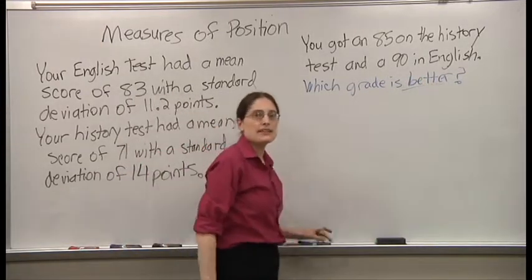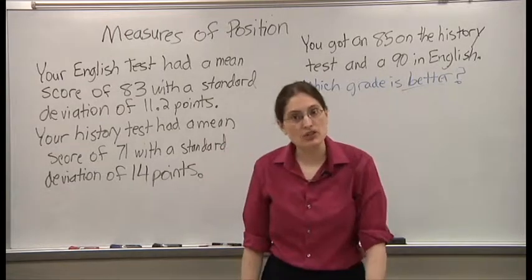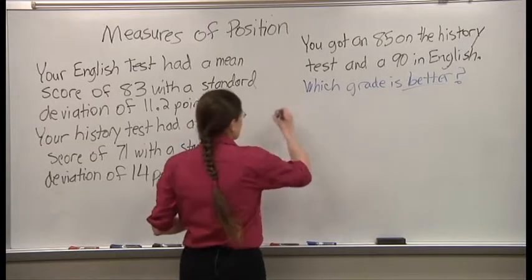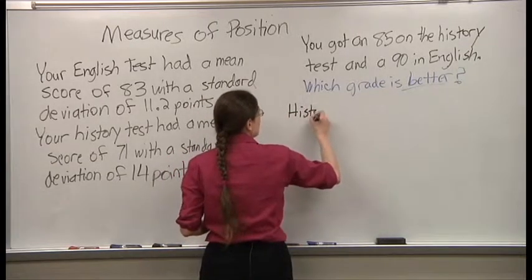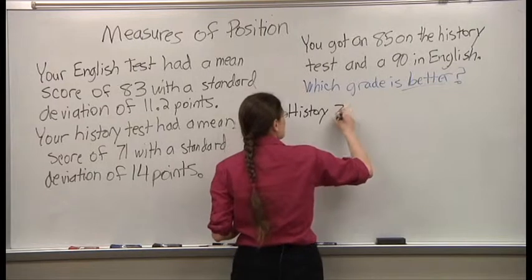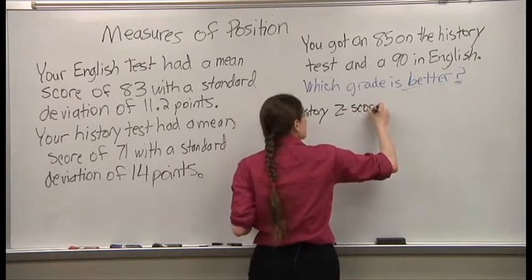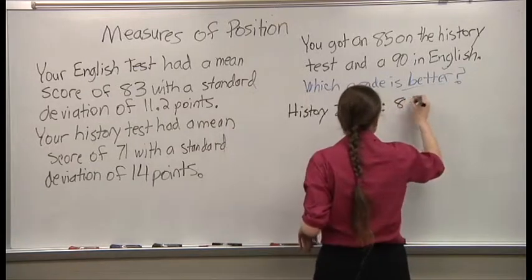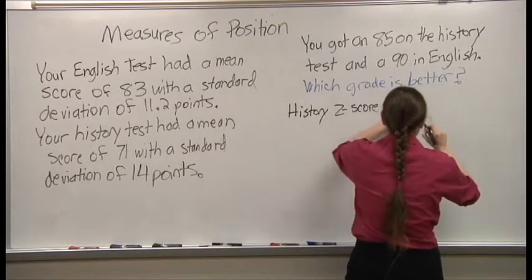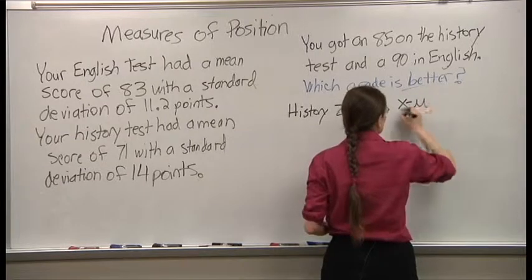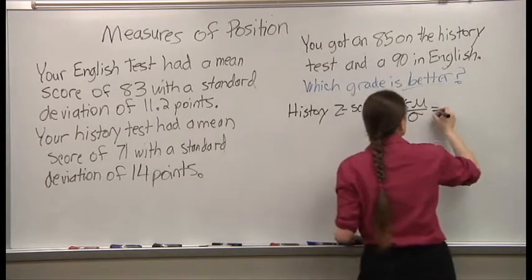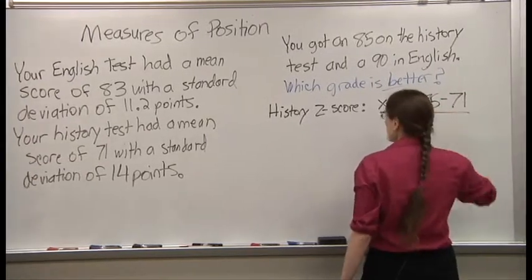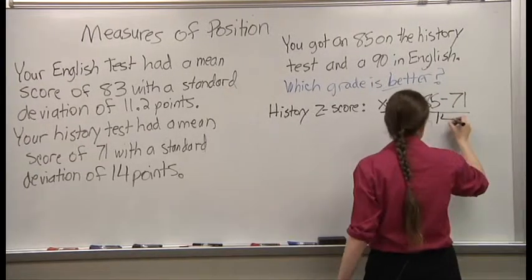Let's find the z-score for each of those tests. So you got an 85. The mean was a 71, and the standard deviation was 14.